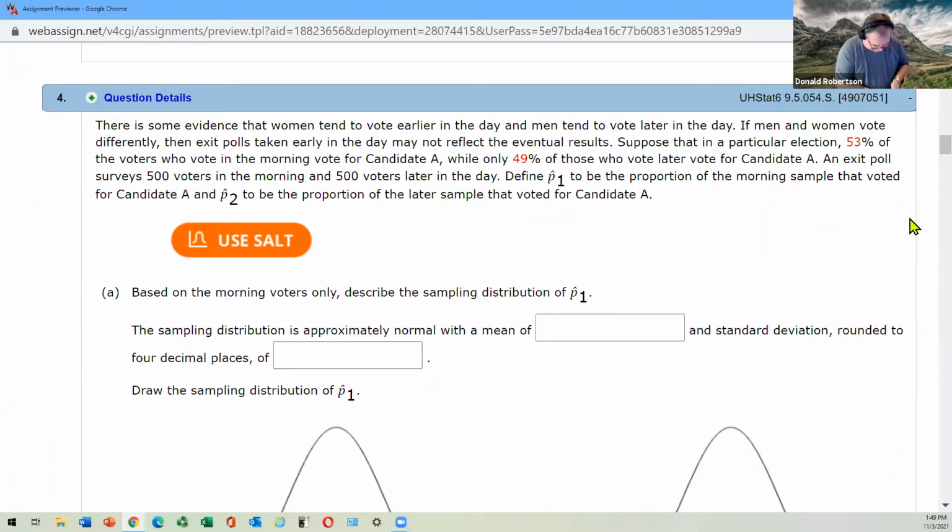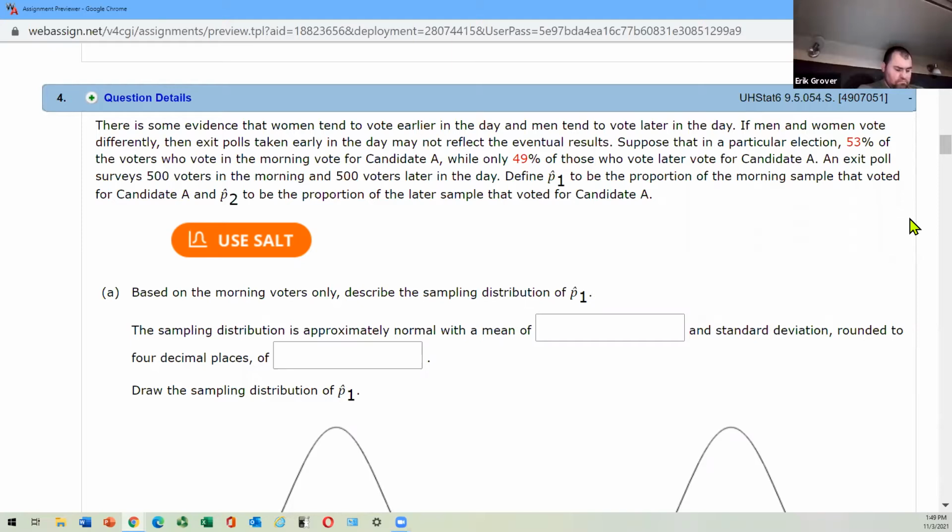So if you bear with me for a few seconds, 53% of 500 ends up being 265 out of 500 people. And the 49% out of 500 ends up being 245.